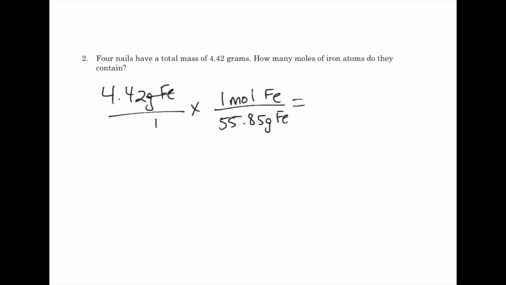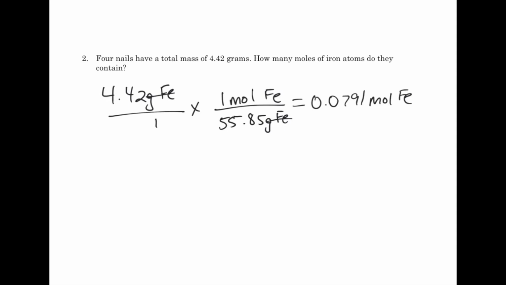Here we can cancel out our like units and multiply, and we get 0.0791 moles of iron.